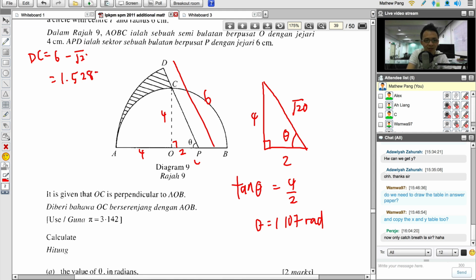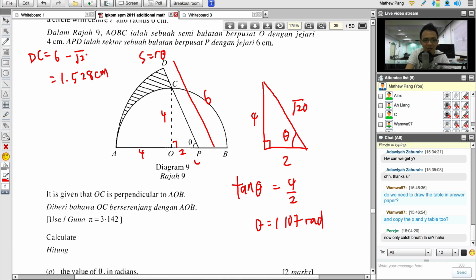Now I got this part. I need to find this one and this one. This one is easy because this is an arc length. S equals r theta; this is the formula for arc length.